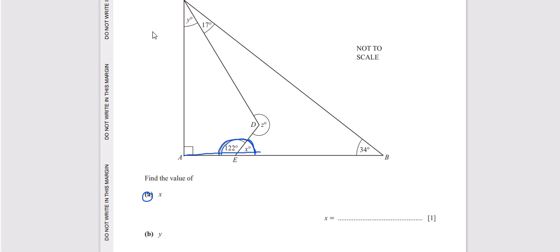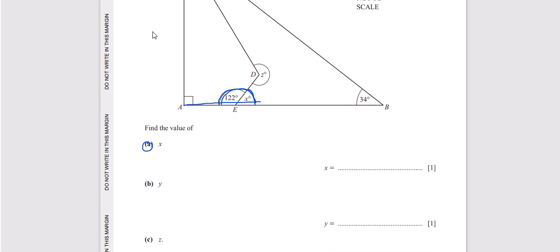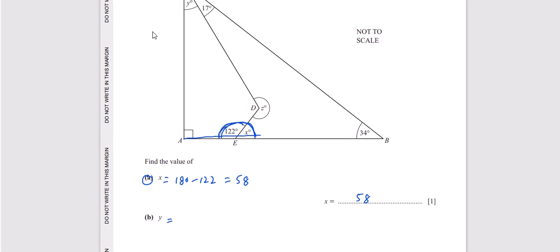This is a supplementary angle. We know that a straight line is equal to 180. So x is equal to 180 minus this angle 122, that is equal to 58. So x is equal to 58. And now we are going to calculate y. Where is y? This one.